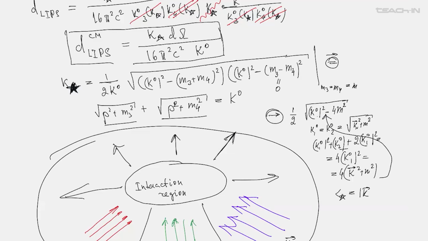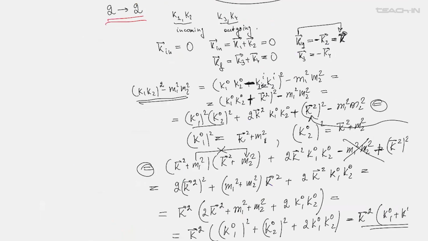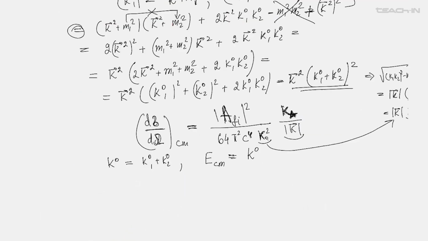That's the conclusion. If the masses of the particles do not change in the process of scattering, then the answer is very simple: k star is equal to the modulus of k, and so these two terms cancel out.